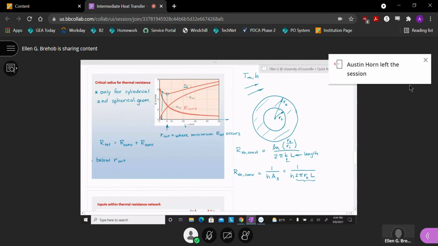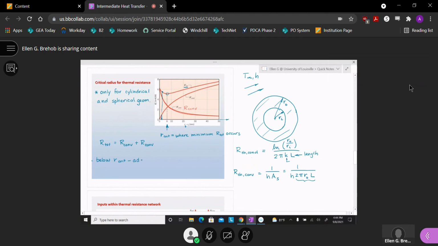Okay, below r crit, adding material to increase r outside will result in an overall smaller thermal resistance.